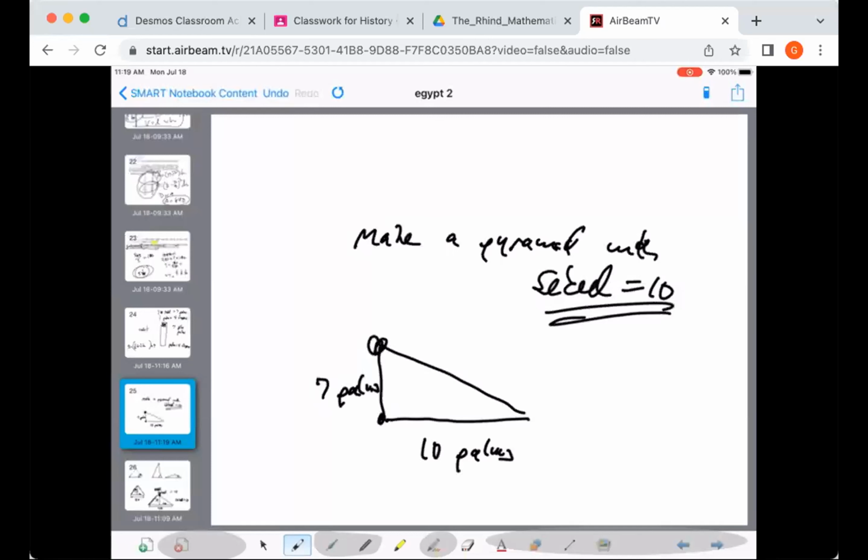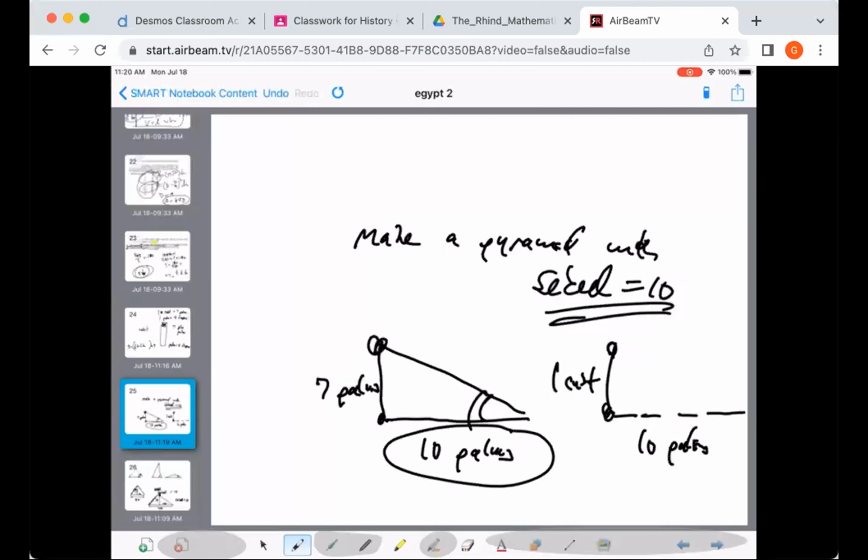I'm constantly needing to make something that's that angle, and using my hand, the seked is measured in palms, because maybe you have a stick that's already 1 cubit that you stick in the ground, and then you use your palms to make 10 palms. That's your seked, and then I'm able to create my pyramid with a proper angle.